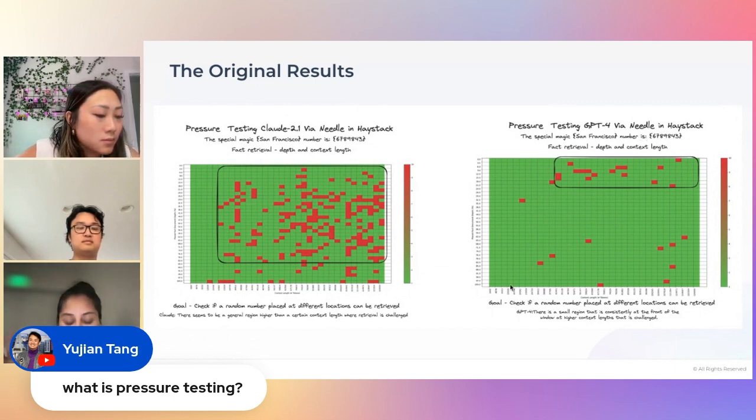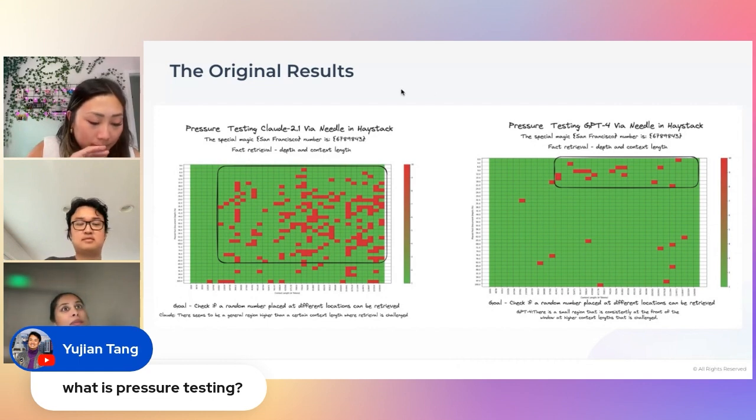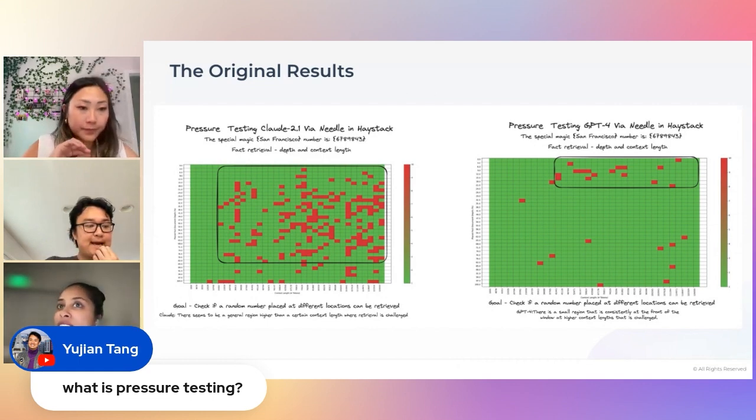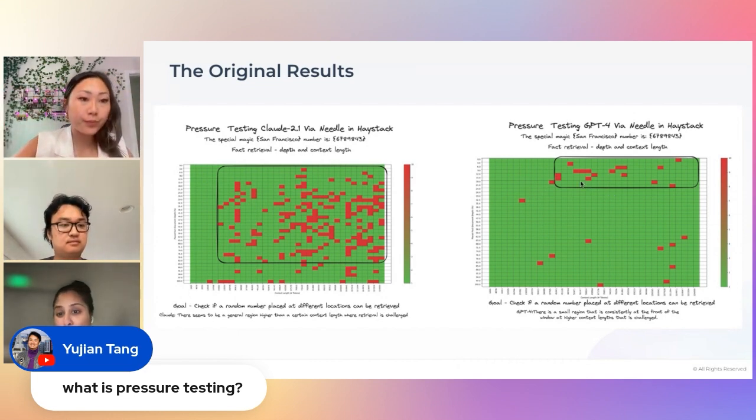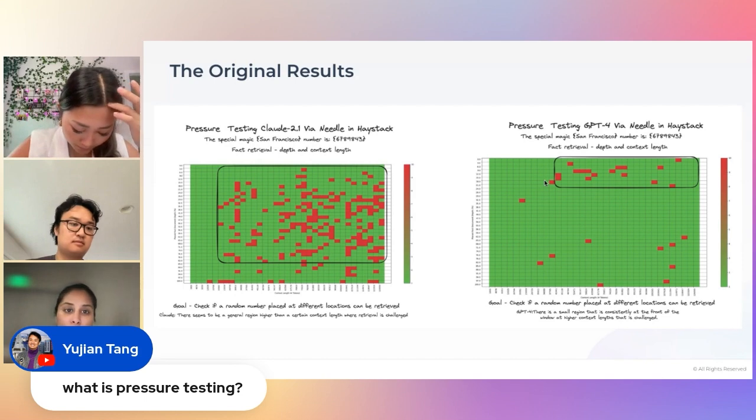We placed the fact, and then we tested it across different context lengths and different fact depths within the document. The parallel I would say is like profiling code to figure out where it's really slow. In this case, we were profiling specifically for retrieval, where retrieval was really poor for these two different types of foundational models.